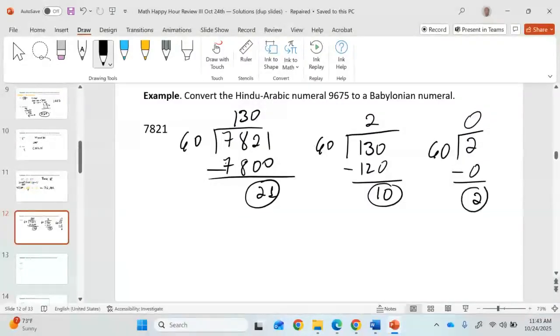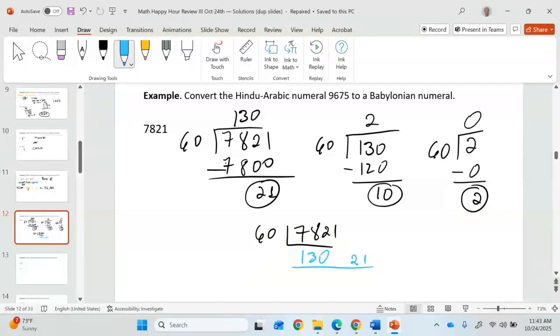So now, when you do this in the book, they actually organize it on a table where they have something like this. They put their numbers here, 7,821. They put the bases here, and they put the remainder on the other side. So the division of this gave me 130, and then they put the remainder 21 on the left. Maybe I should do it in a different color to avoid confusion.